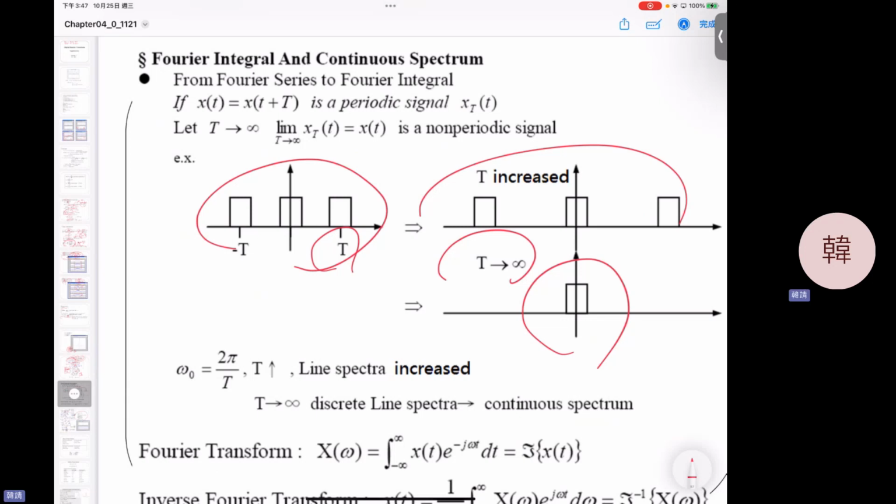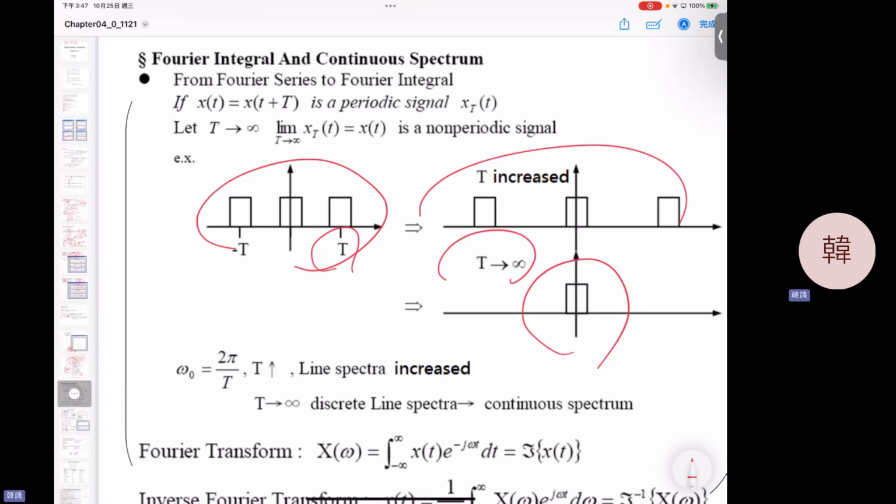As you know, we have a periodic signal, and in the Fourier domain we have a spectrum. And I just told you, when your T is larger in the time domain, in the Fourier domain it becomes denser, very high density. And when your T goes to infinity, what happens?